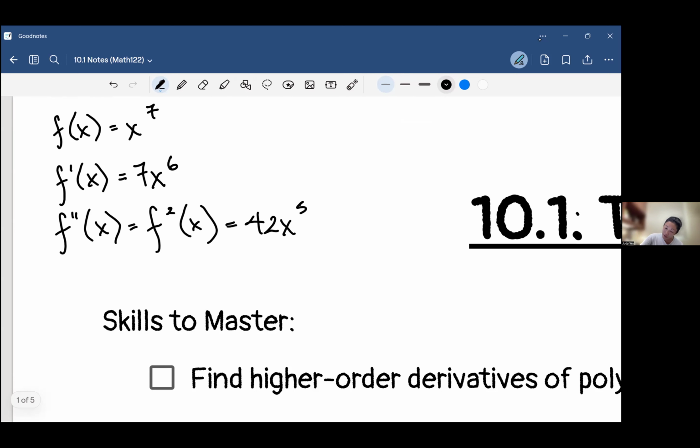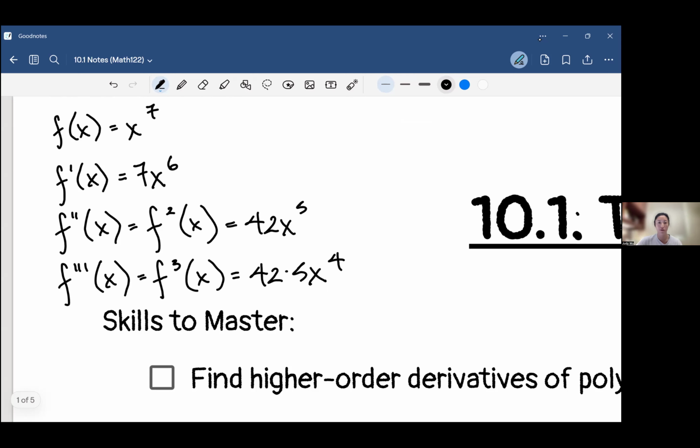And we could go again. We could find the f triple prime of x, or f^3 of x. Then we would bring the 5 down, so 42 times 5x to the 4th.